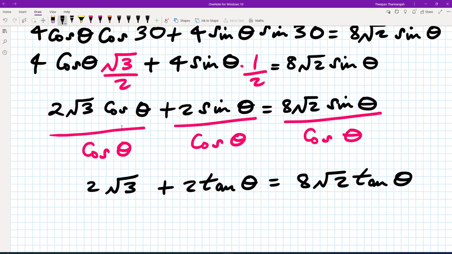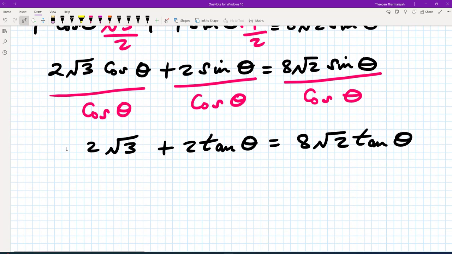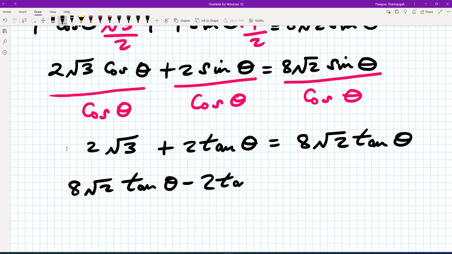So I'm going to bring all the tan theta terms on one side. So I'm going to get 8 root 2 tan theta minus 2 tan theta is equal to root 3.